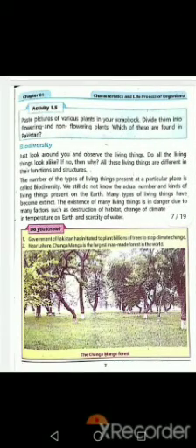Now, come towards the second topic of today's lecture, that is biodiversity. Okay, this is your book page, and on this page we have a topic of biodiversity. Dear students, first of all, I want to show you the meaning of biodiversity. Biodiversity is the combination of two words.